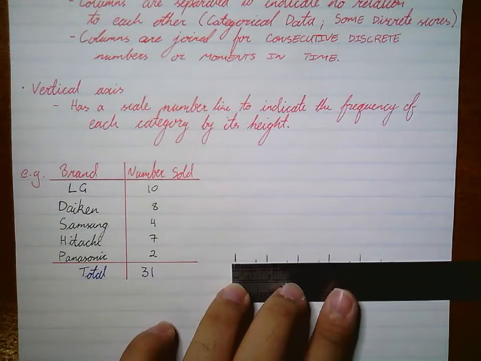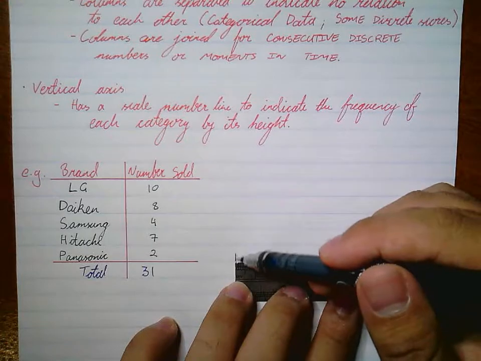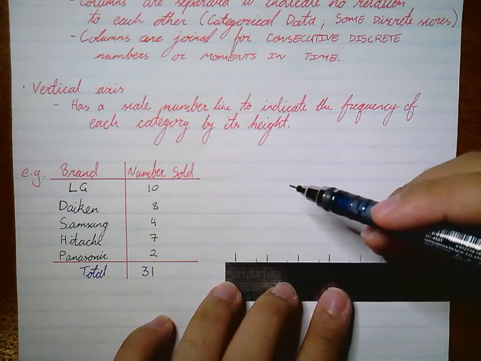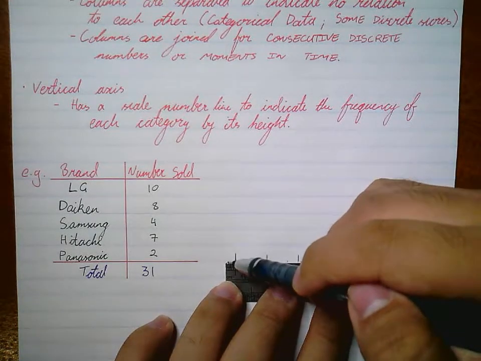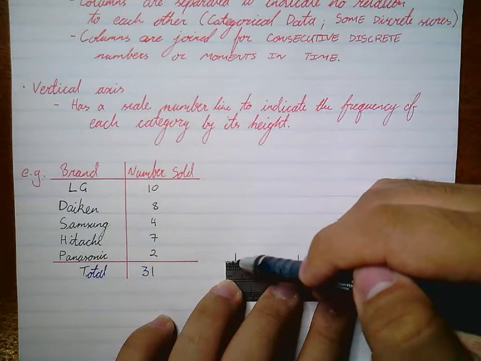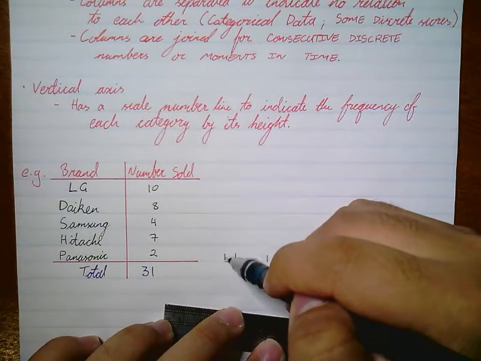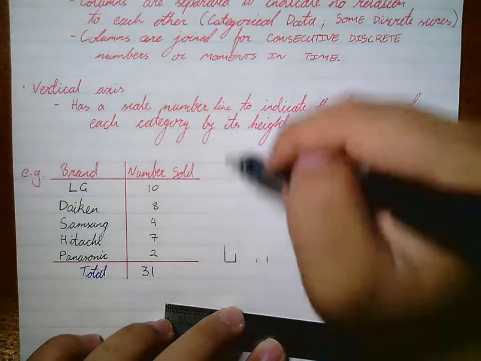So I've made a gap of 0.5 centimeter, and I've made my columns 1 centimeter apart. And from the y-axis, I'm going to have another 0.5 centimeter here. From the horizontal axis, I'm going to have one more, just like that. I'm going to make my frequency along the side here.